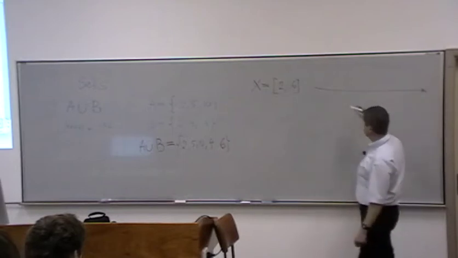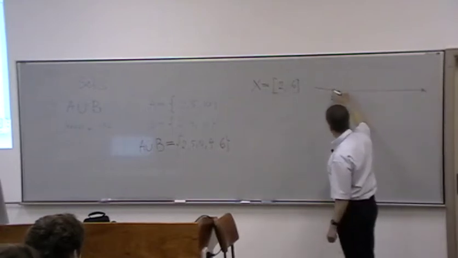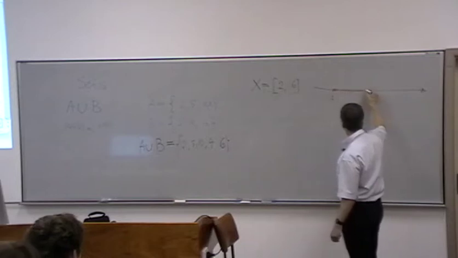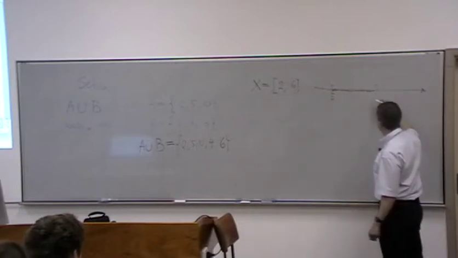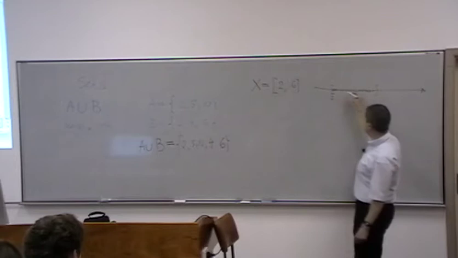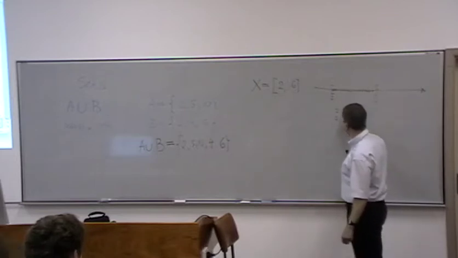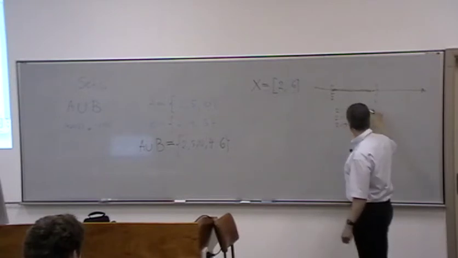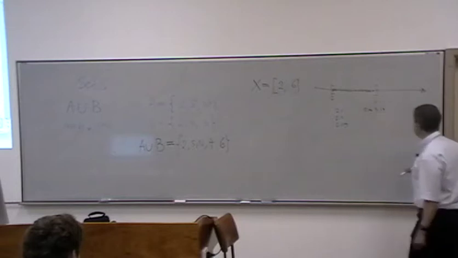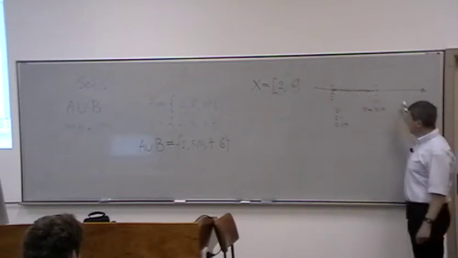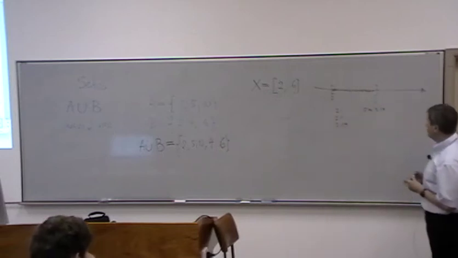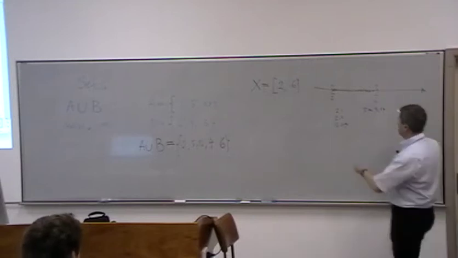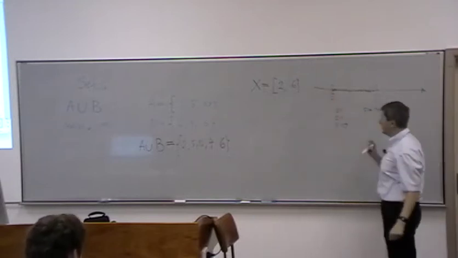On the number line, this is any real number starting from 2, including 2, ending at 6, including 6, and anything in between: 2.1, 2.11, pi, which is approximately 3.14. That's all in this interval. So that's an infinite set. We have infinitely many elements. We can't even list them. And we describe it in this way in the square brackets.